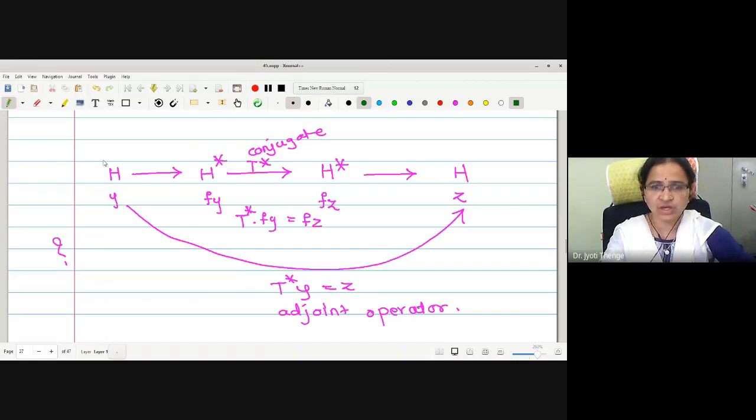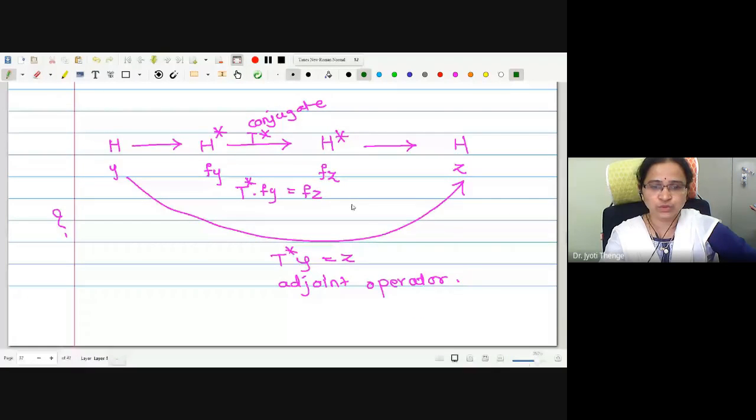In a diagram I explained in detail how this adjoint operator exists, denoted by the symbol T star and defined from H to H. Using this adjoint operator, it takes one element of the Hilbert space to another element of the Hilbert space. If you have any difficulty, please watch my lecture number 51 again on YouTube so that you get the idea.